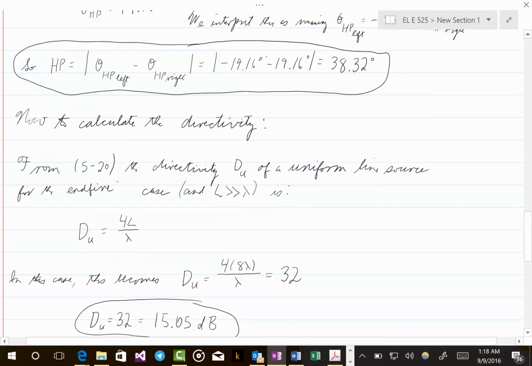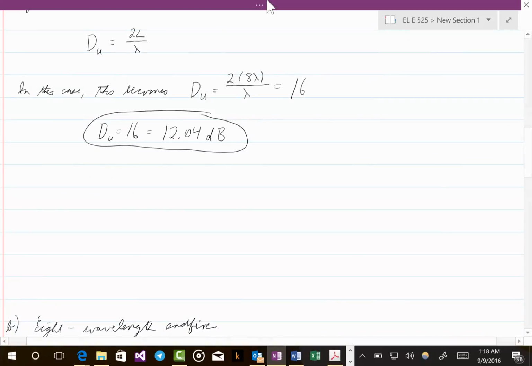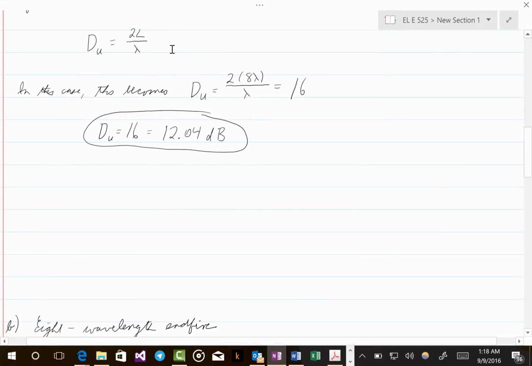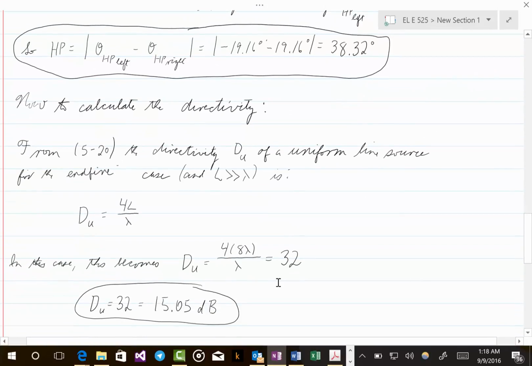Remember, in the broadside case it was 2L over lambda, but in the end fire case, the appropriate equation is 4L over lambda. So be sure you're aware of that.